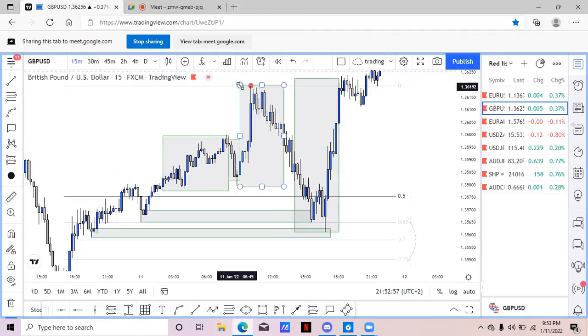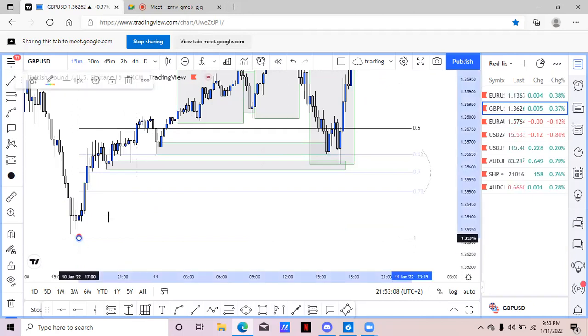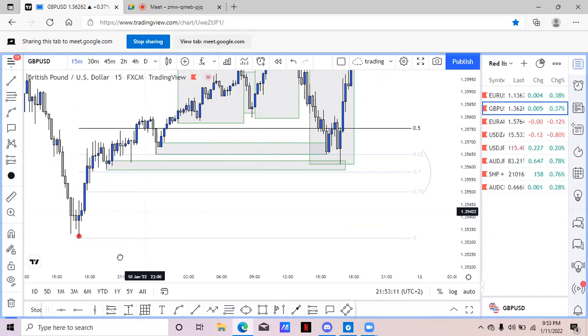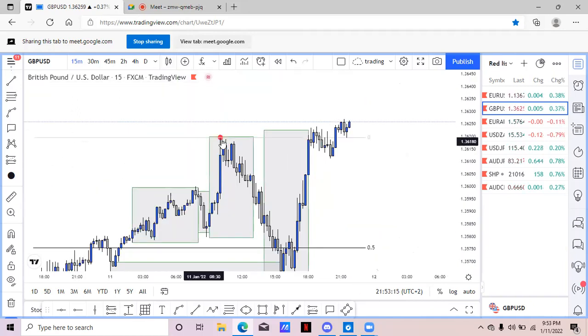Like I said, guys, the London session creates what? It creates the high of the day. So this high of the day, we're going to use it to plot our Fibonacci from the previous day low or previous daily high. You get a point.